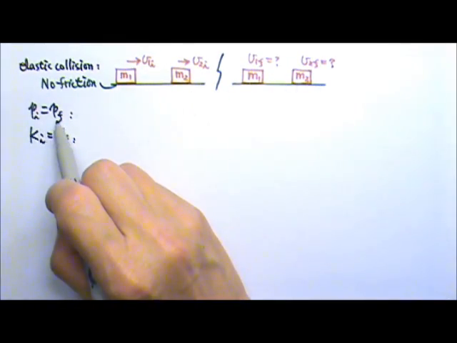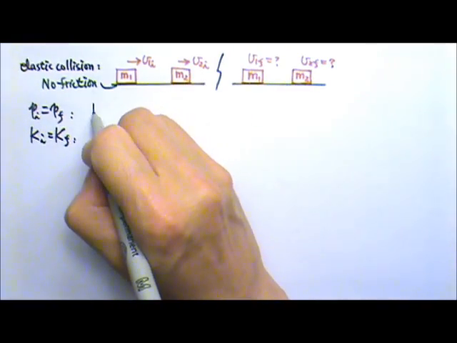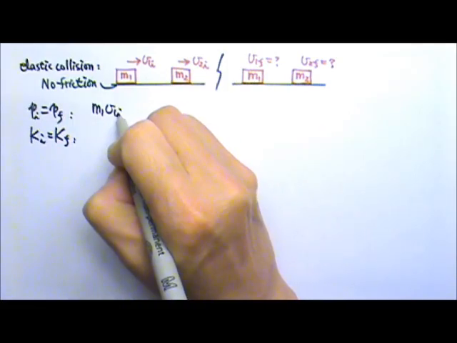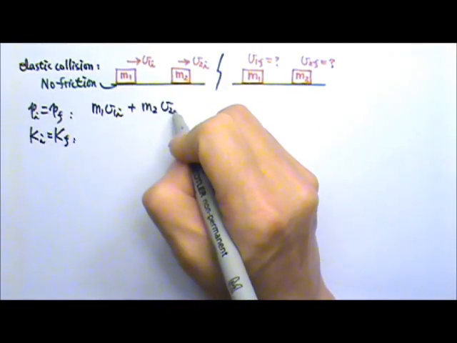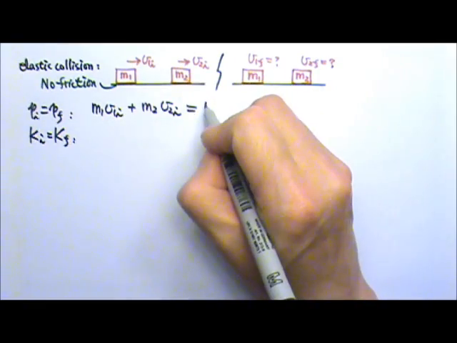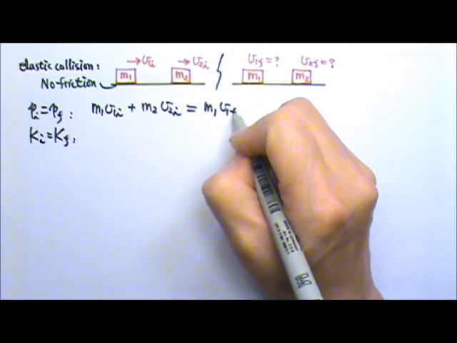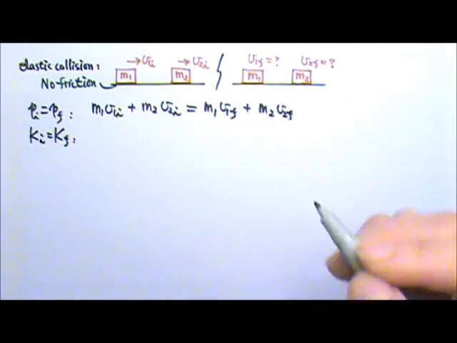To write the initial momentum equals final momentum, let's see. Initially, we have m v of the first block plus m v of the second block. And afterwards, I have the m v of the first block plus the m v of the second block.